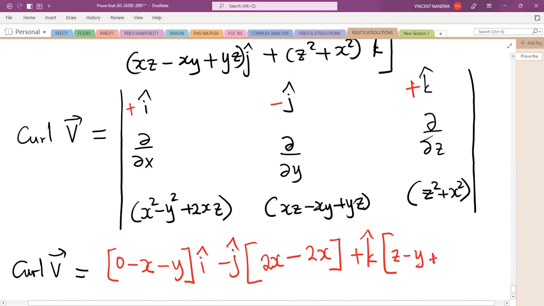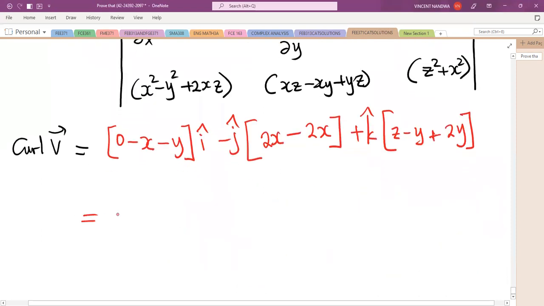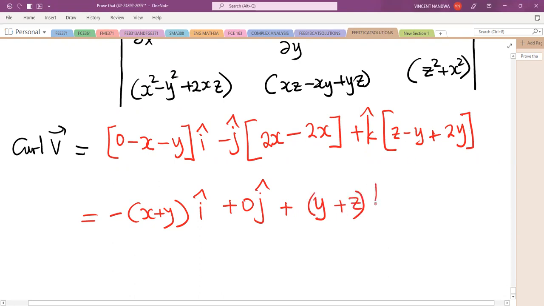So minus is plus 2Y, which will give us negative X plus Y I. This will be 0. So I can write plus 0J, and then this will give us plus Y plus Z, minus Y plus 2Y is Y, then K. So this will define the curl of the vector V.